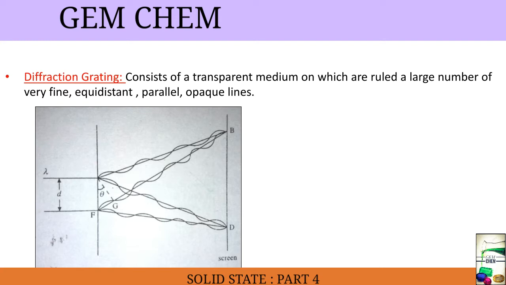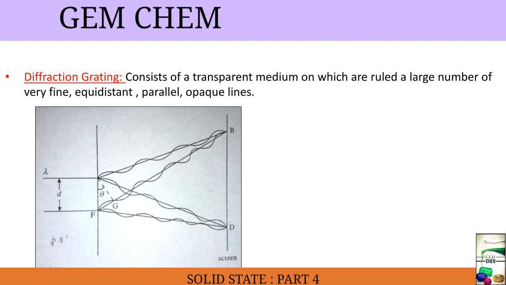The waves from two apertures will cross at some point, that is, one wave from here and one wave from here will cross at a point where the screen is placed. A bright spot is obtained where the waves from adjacent apertures in the grating reinforce one another. That is, when these waves reinforce, there is a bright spot, and when there is no reinforcement, a dark spot arises. This is due to destructive interference.